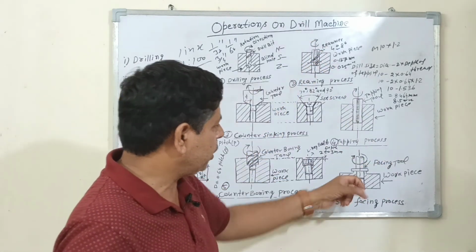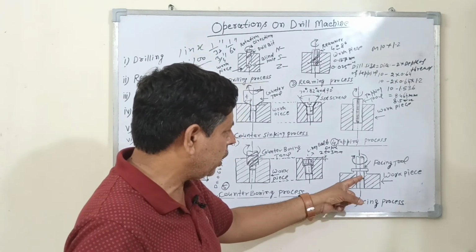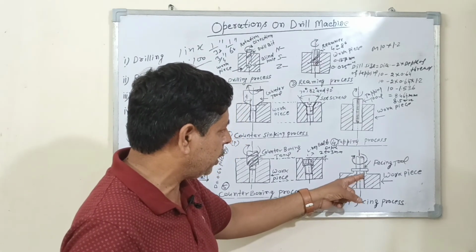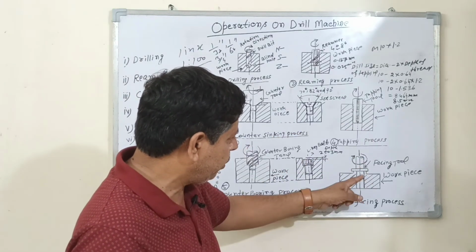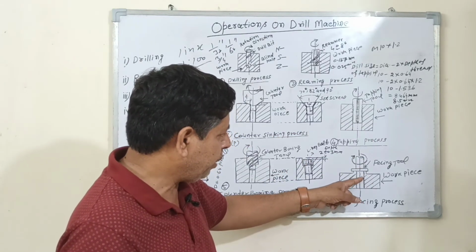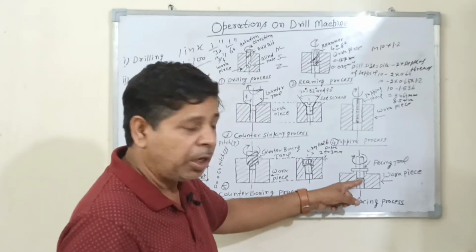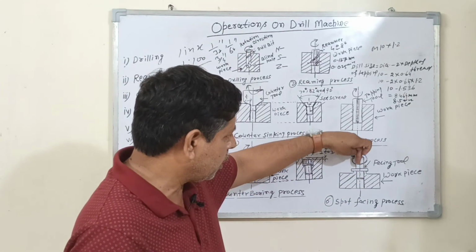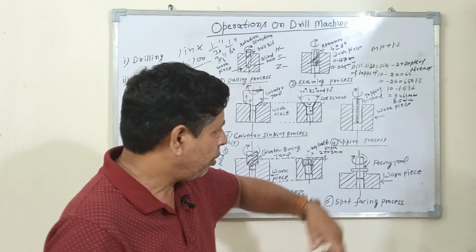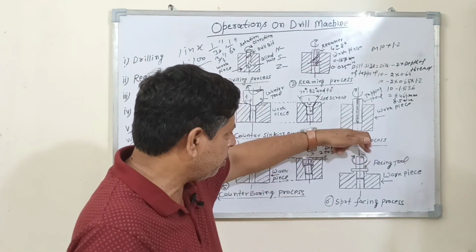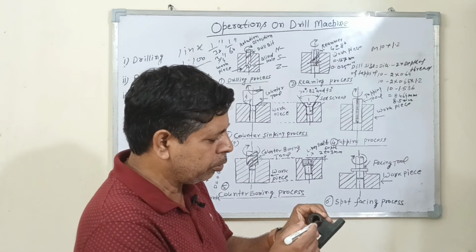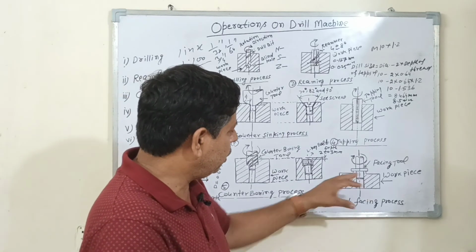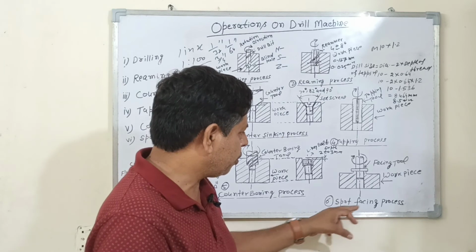This is called the pilot, guide. The main function of this pilot is to guide the cutting tool and maintain the alignment during this process. The tool moves in an anti-clockwise direction to make the flat surface, to make this finishing. This is the spot facing process.